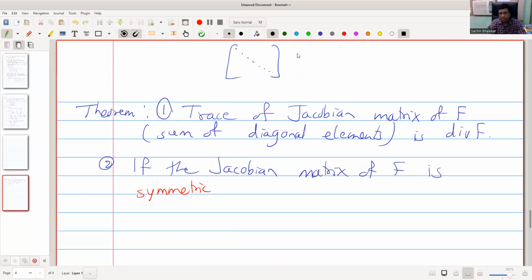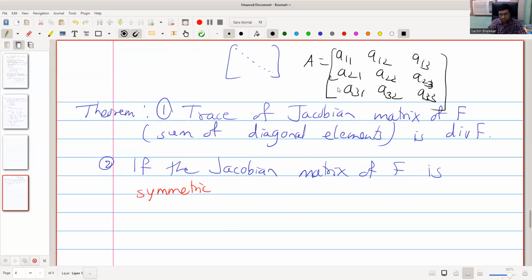So if A is, say, A11, A12, A13, A21, A22, A23, A31, A32, A33, for example, a 3 by 3 matrix here.